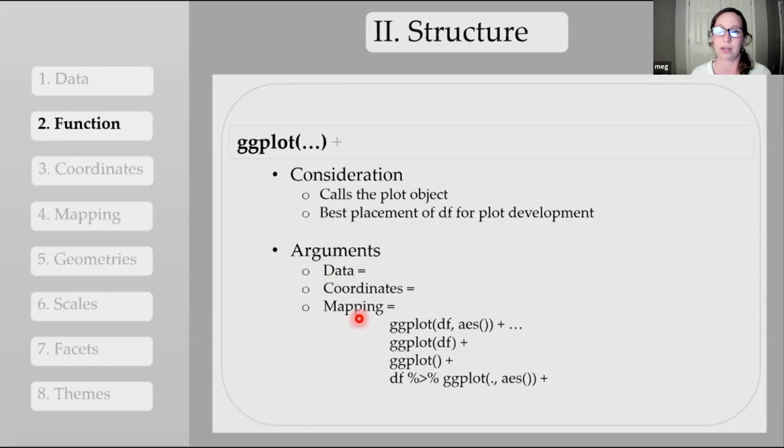This will become clearer later on. And the different ways of calling this, you can call ggplot with the data inside it. You can call ggplot and then specify the aesthetics. You can call ggplot and then specify no aesthetics because you want to do that in the geom shapes later on. Or you can pipe it through the way we've been doing.